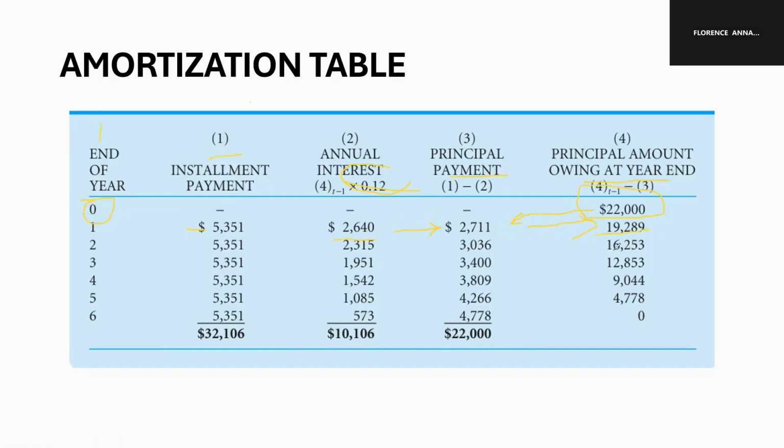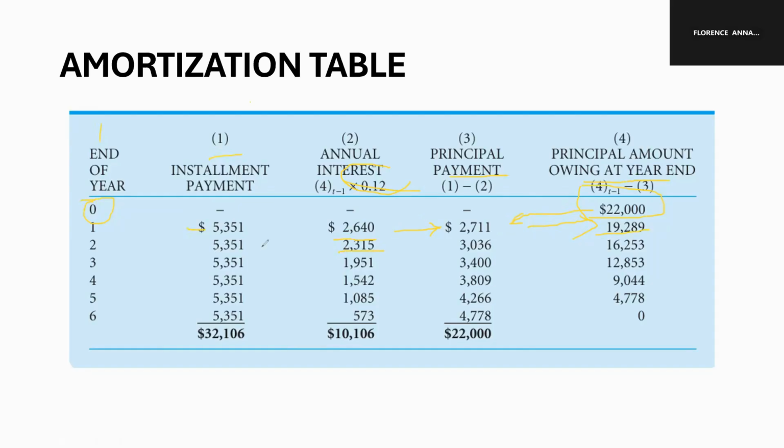Itong 19,289, siya na yung magiging basis mo ng interest for your period 2. So 19,289 times 0.12, you'll get 2,314.68 or round it off to 2,315.